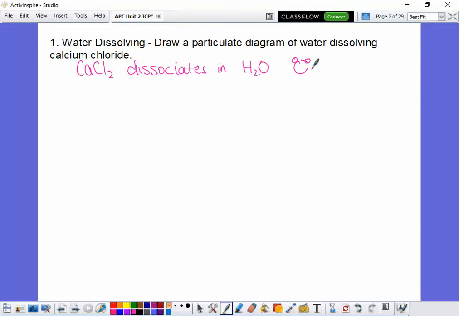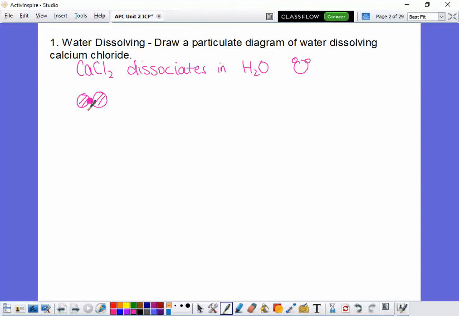So I might draw the calcium like a little circle, and then my two chlorines like that. Those chlorides are actually supposed to be about the same size. I just cannot draw circles the same size. And the chlorides are actually much larger than the calcium ions, because that's what happens with ions.